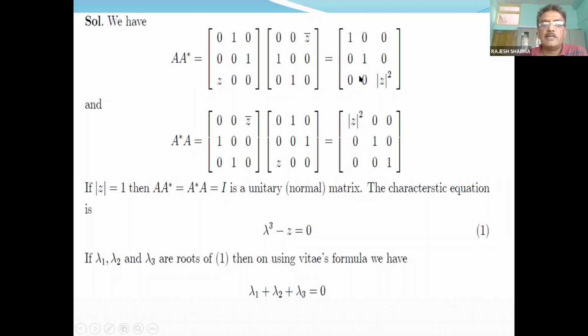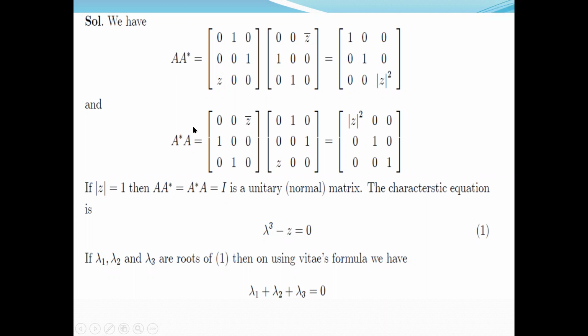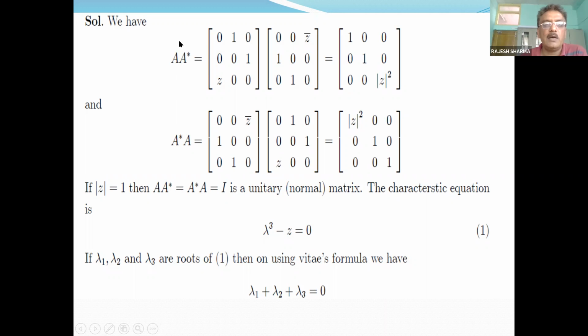So A star A is identity, and A A star is also identity. This means A is normal. Therefore, its numerical range is going to be the convex hull of the eigenvalues. The numerical range of a normal matrix is the convex hull of the eigenvalues of A.